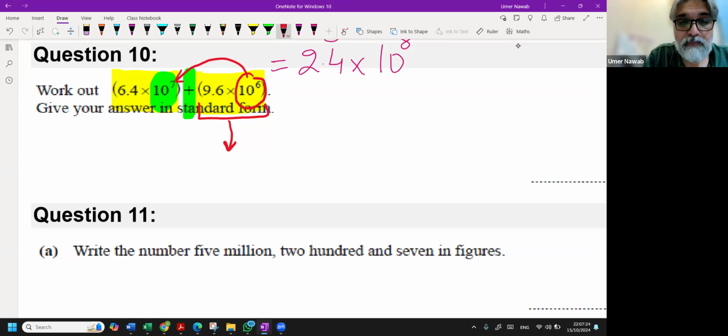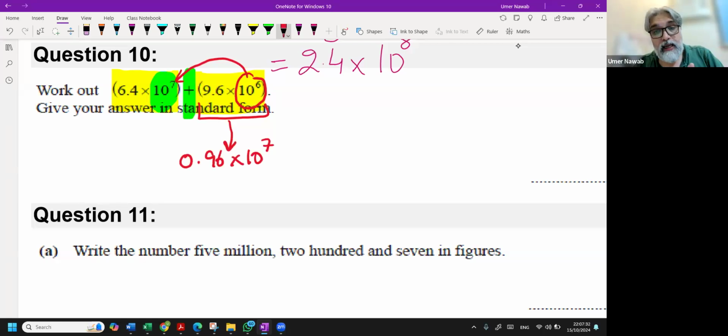So I'm going to write 9.6 as 0.96 into 10 raised to the power 7. Wow. I increase the power of 10 by 1 unit and I push the decimal one digit to the left.